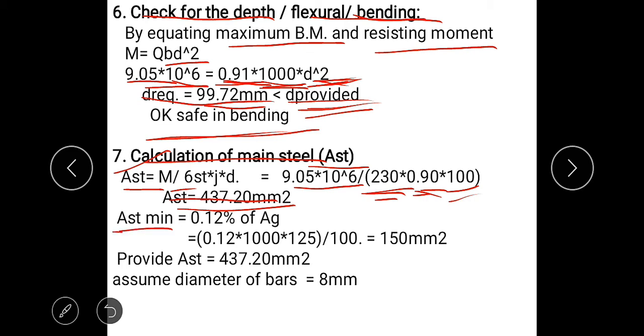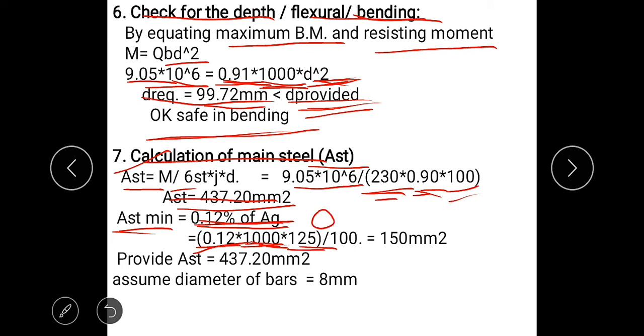Now we have to find Ast minimum. The formula for Ast minimum is 0.12 percent of Ag, which is given in the IS code, as we studied in the last lecture. Ag means the area b into D, where b is 1000 for 1 meter and capital D is 125.